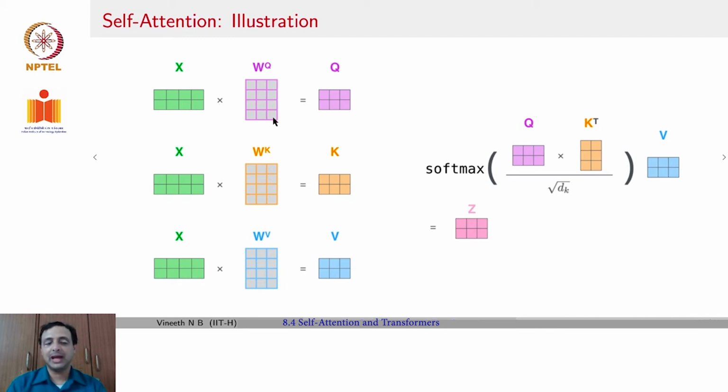And when you multiply X with those weight matrices, you get Q, K and V. Then you do a dot product between Q and K, scale it by the root of the dimension of the K vector, do a softmax on it, multiply with the V vector, and that gives you your Z vector for each of your words in the input sequence.